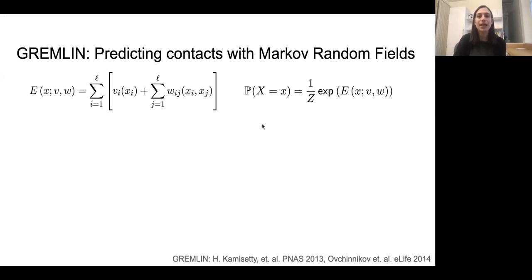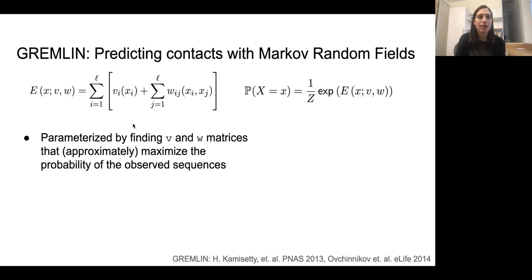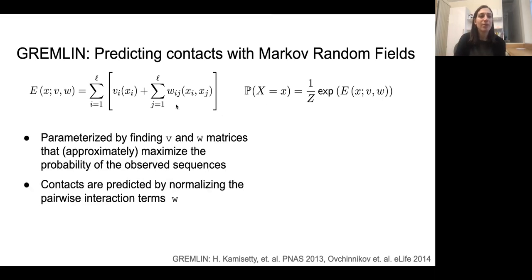The idea is that we can think of this as a probability model where the probability of a sequence is proportional to its energy. The model is parameterized by finding matrices V and W that approximately maximize the probability of the observed sequences. The idea being that if you have a probability distribution that models your MSA really well, then these single site and pairwise terms are really descriptive for your protein family.